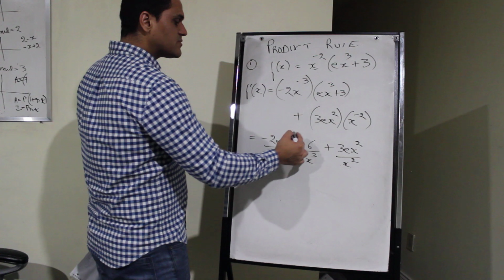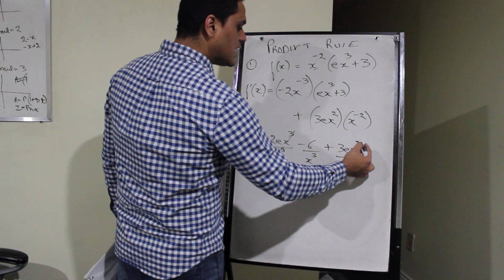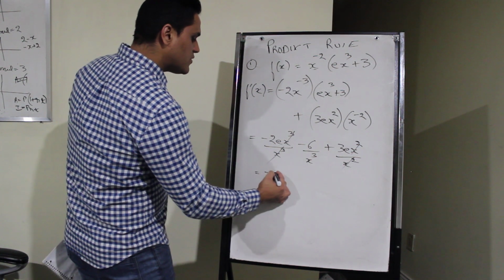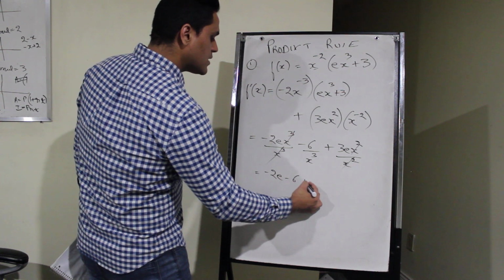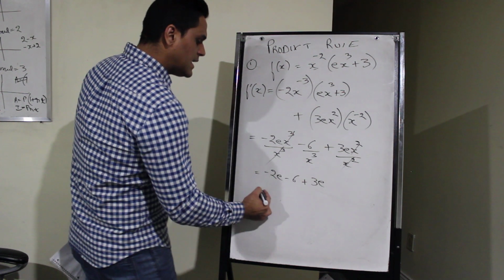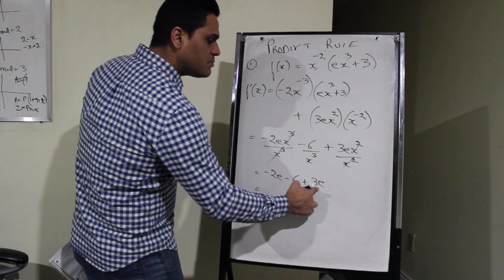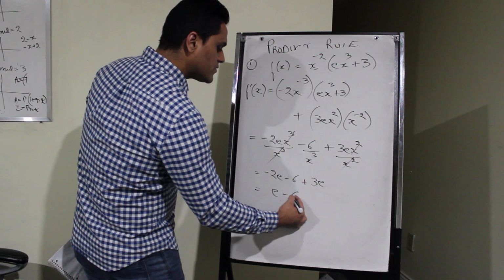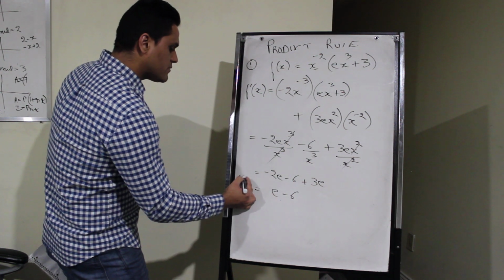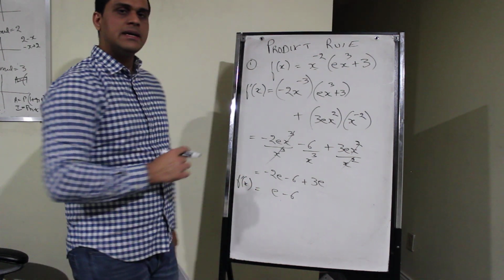So x cubed cancels with x cubed, similarly x squared cancels with x squared, so you're left with minus 2 minus 6 plus 3, and that's just going to be minus 5, and that's your derivative. Okay, that is all for now, folks.